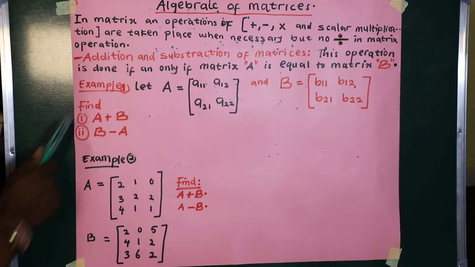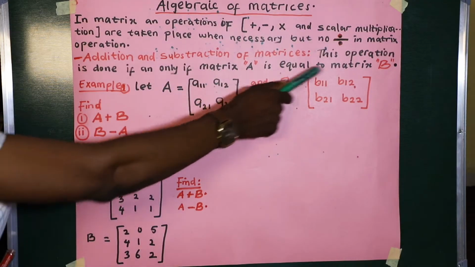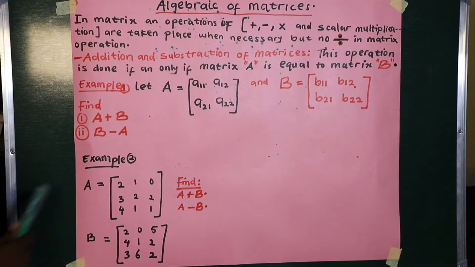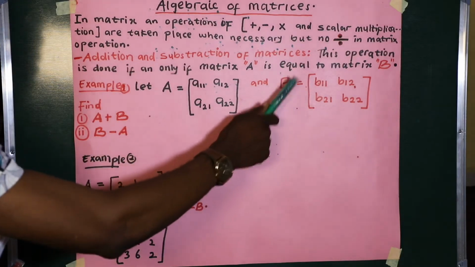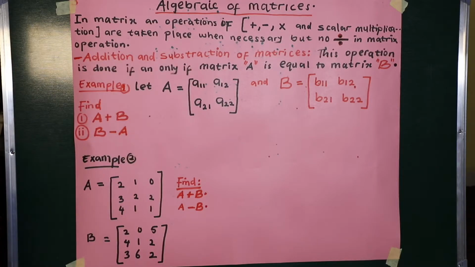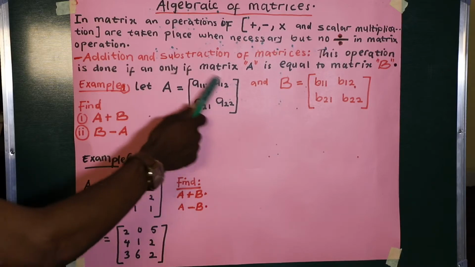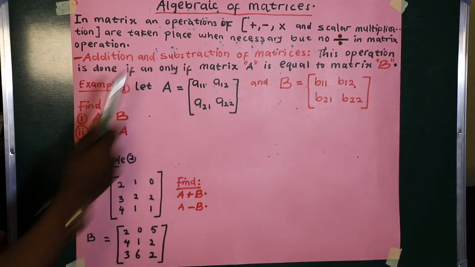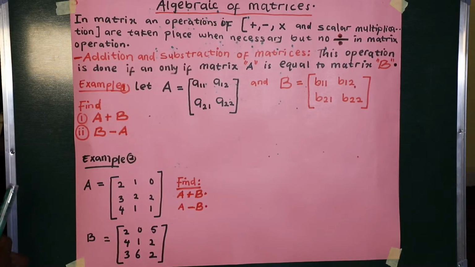This operation is done if and only if matrix A is of the same order as matrix B. Only then can we add or subtract the matrices. For instance, the elements inside matrix A must correspond to the elements inside matrix B.